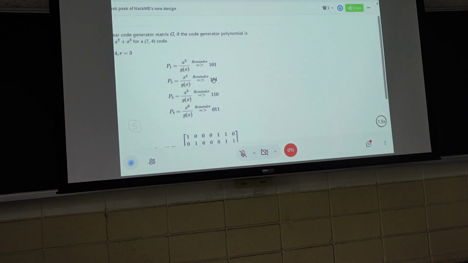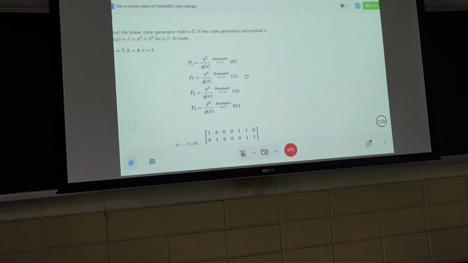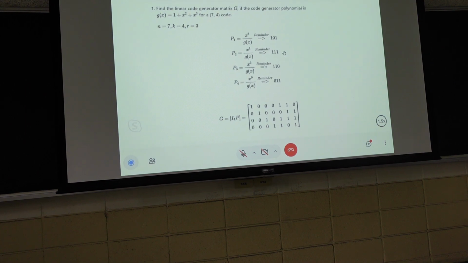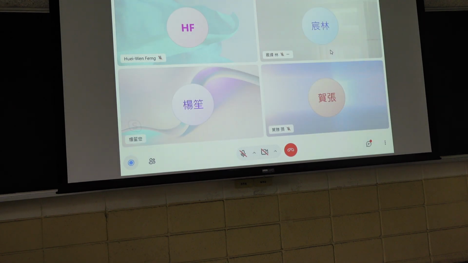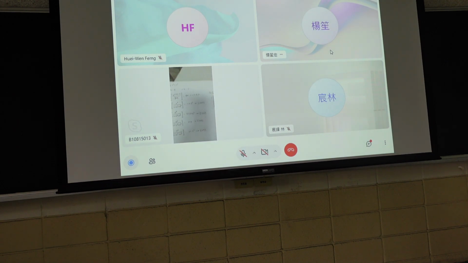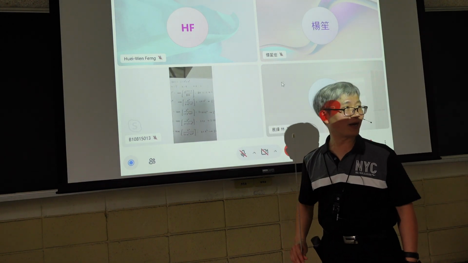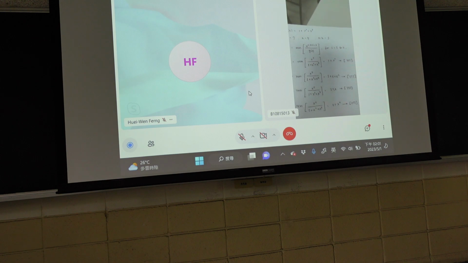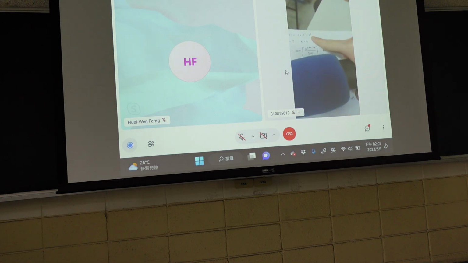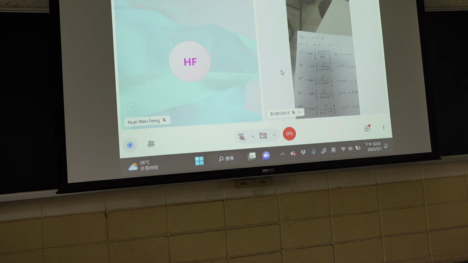And before that, I think I asked another group already. Can you share your screen? Wow, we can see you. That's correct. Oh, so handwriting, right? So we have the code generator polynomial is one plus this one, and from this equation we will get the parity matrix.